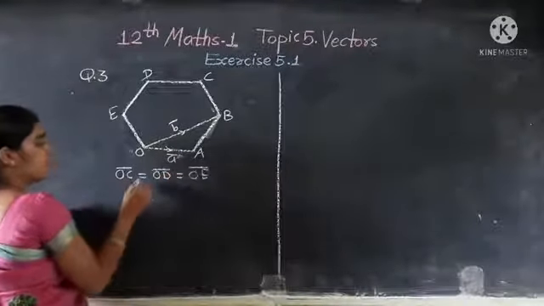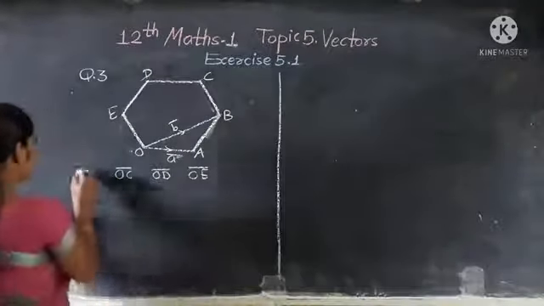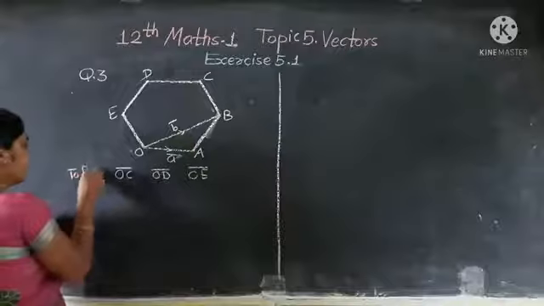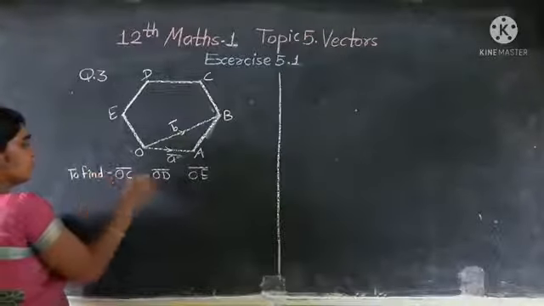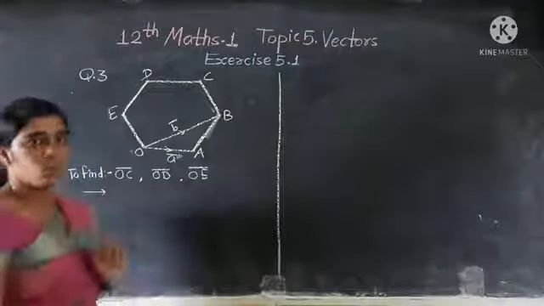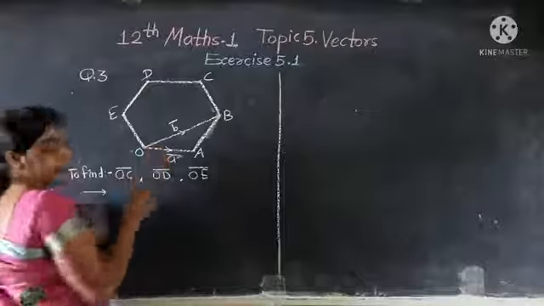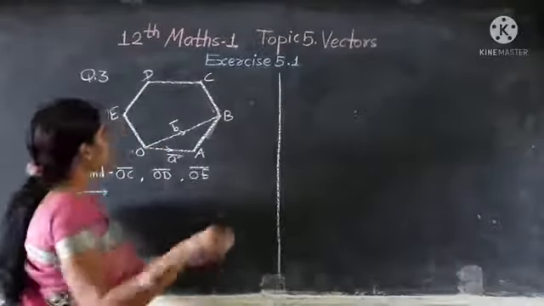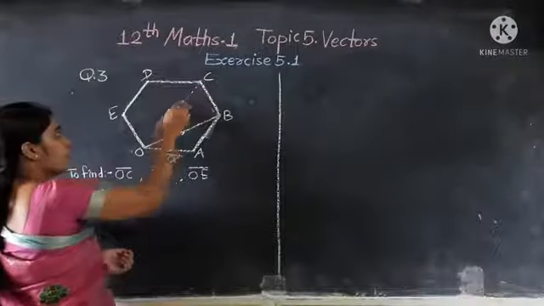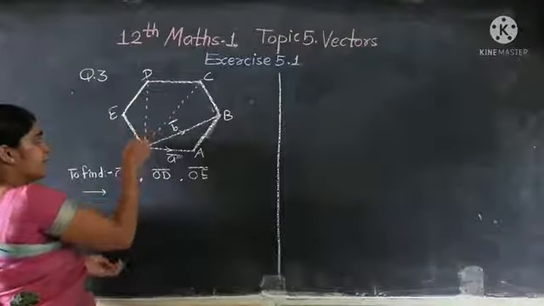Okay, we have to find here OC bar, OD bar, and OE bar. Okay, understand what we have to find? Now, for finding OC bar, I join here OC bar, then OD bar, and this is OE bar.